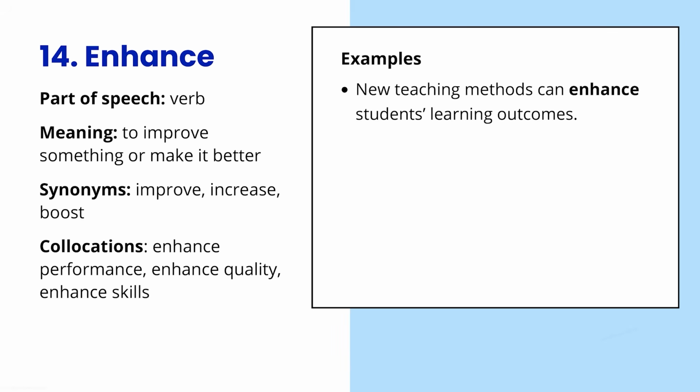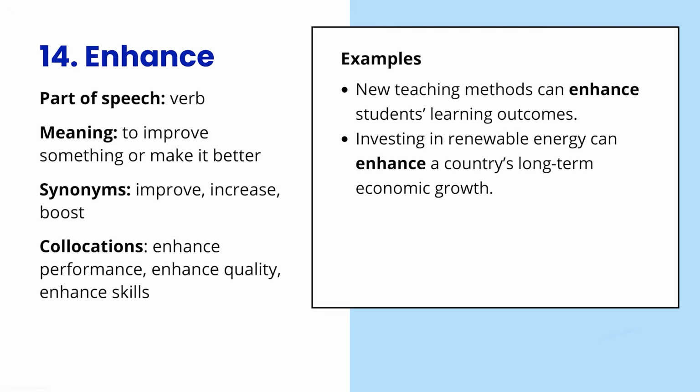New teaching methods can enhance students' learning outcomes. Investing in renewable energy can enhance a country's long-term economic growth. So this just means that if governments invest in this type of energy, well, it can improve a country's economic growth. So enhance is a great word to use instead of very simple words like improve or make better.